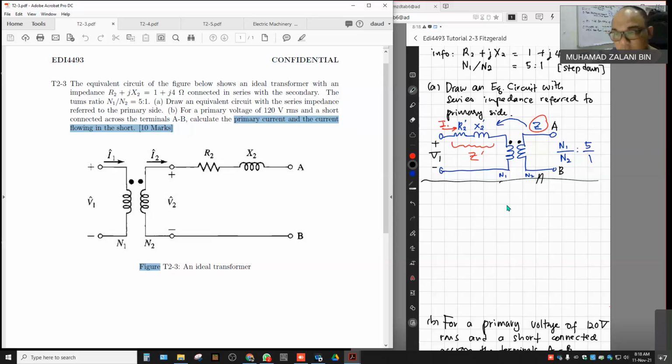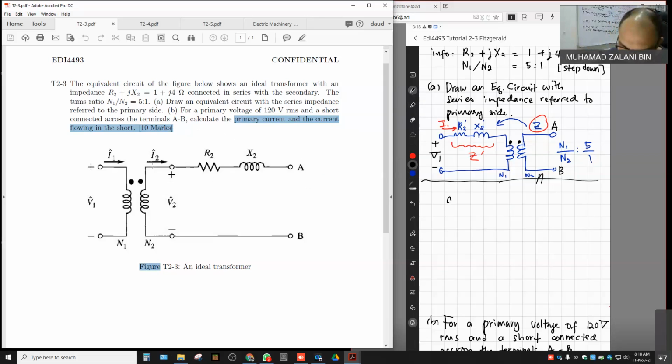So just follow the formula. We can say that the secondary impedance here is referred to the primary side of the transformer by the turns ratio, which is 5 to 1.